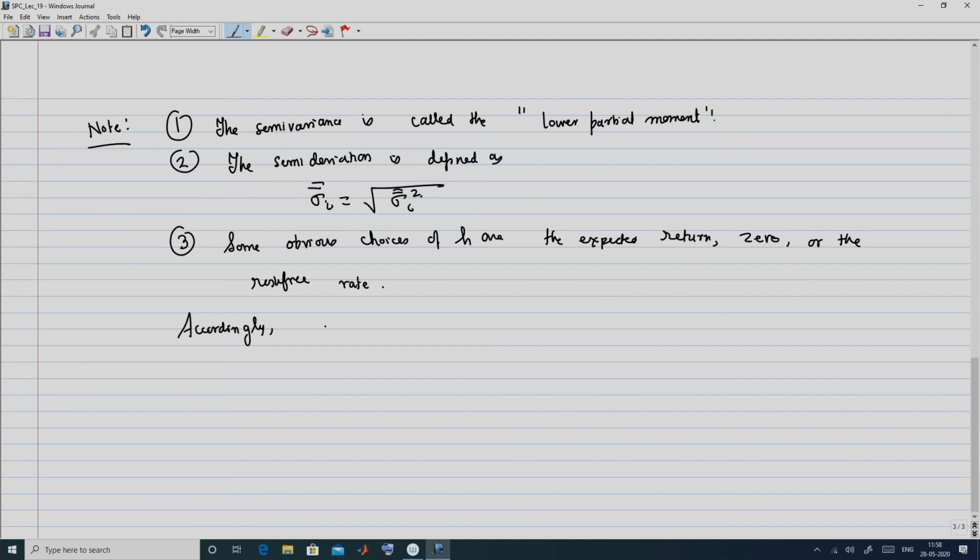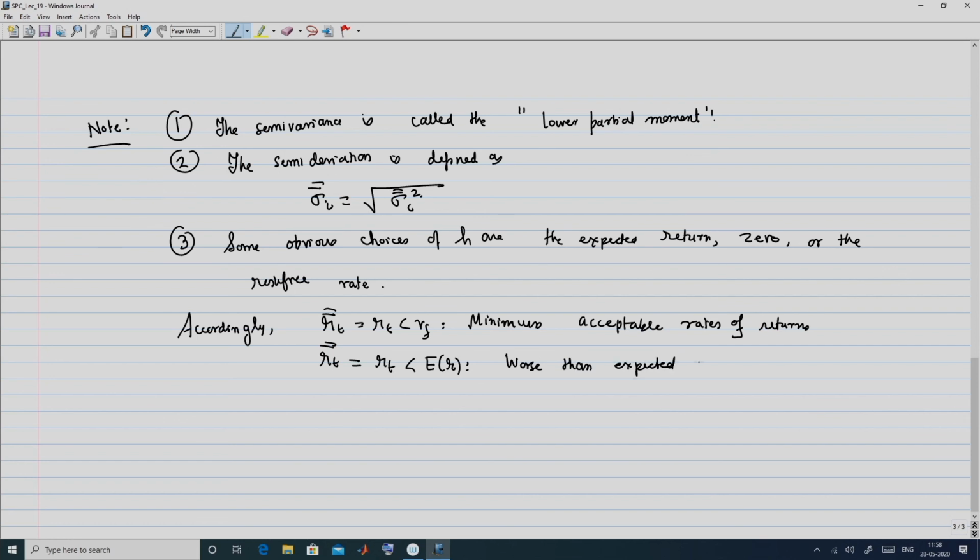So, accordingly, based on these three choices, R_t double bar is R_t less than R_F. So, this is going to be the minimum acceptable rate of return. Then R_t double bar is R_t less than E(R), that is worse than expected return, and R_t double bar is R_t less than 0.